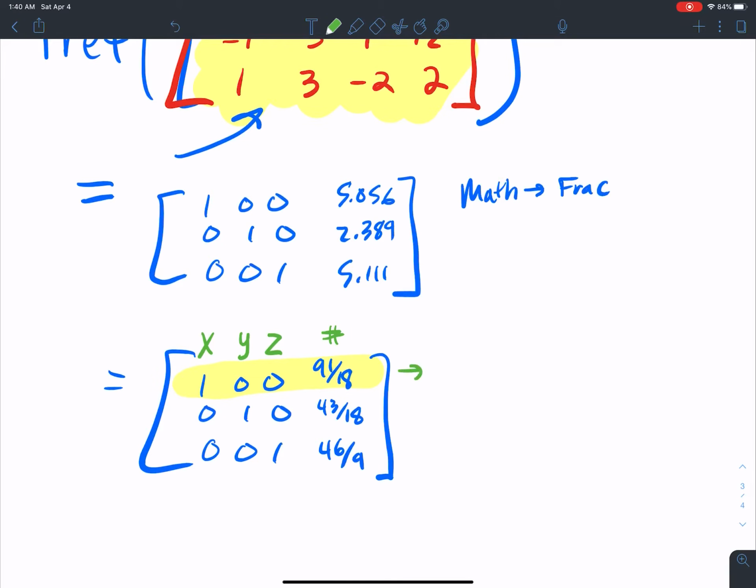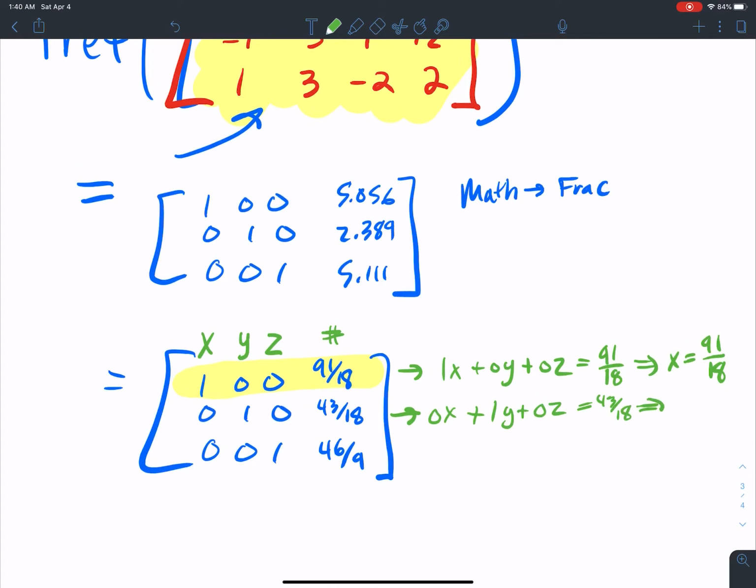This is going to be 1x plus 0y plus 0z equals 91 over 18. This reduces to x equals 91 over 18. Wow. What about this next one? This is 0x plus 1y plus 0z equals 43 over 18. Re-equationize, this is y equals 43 over 18.